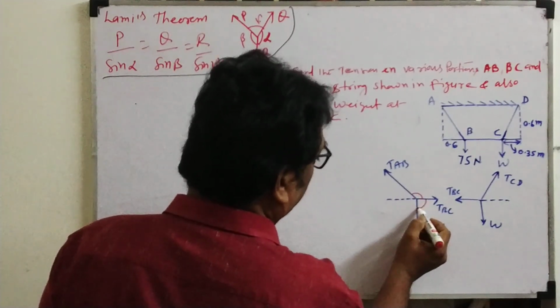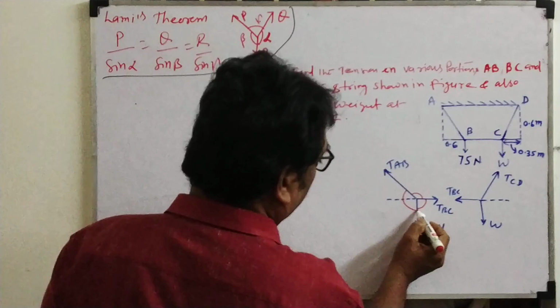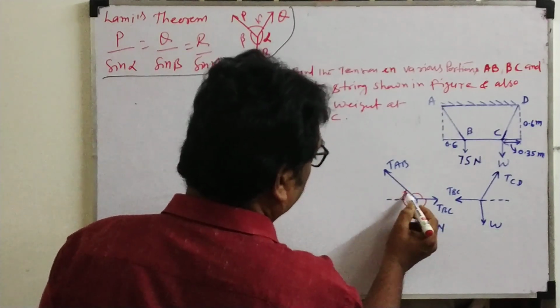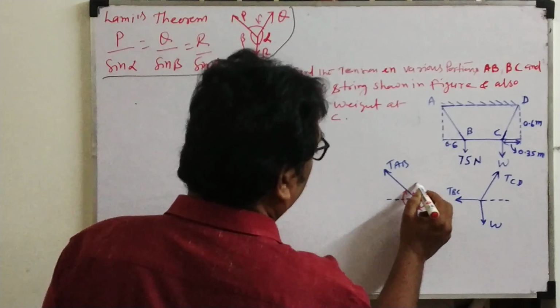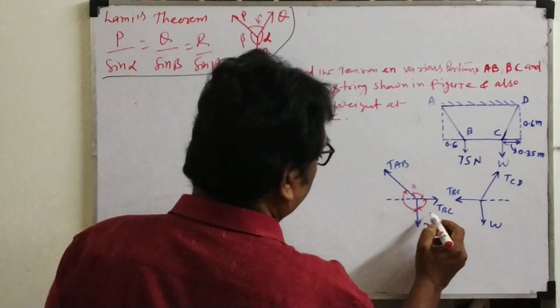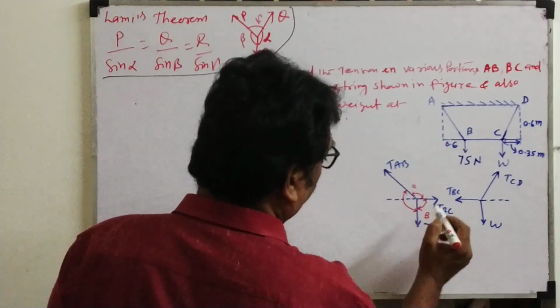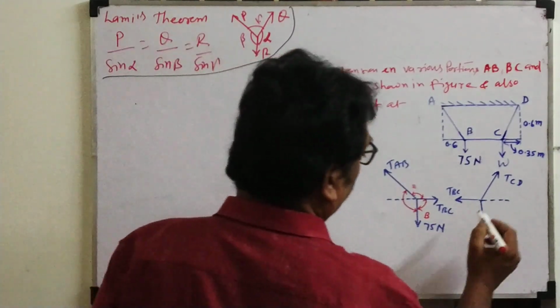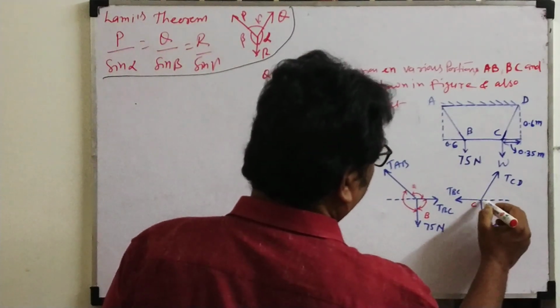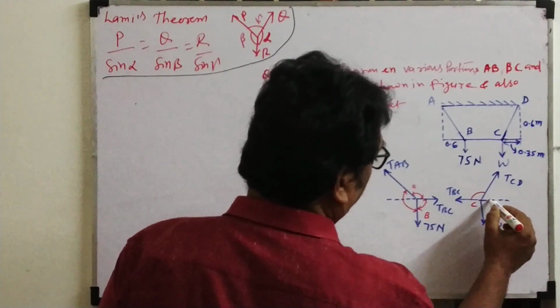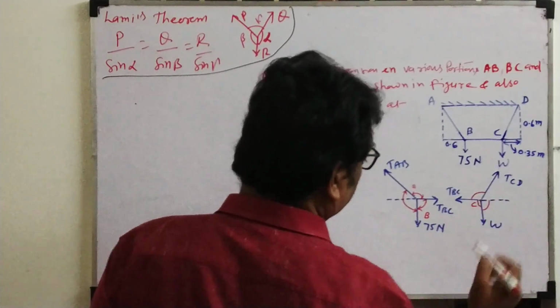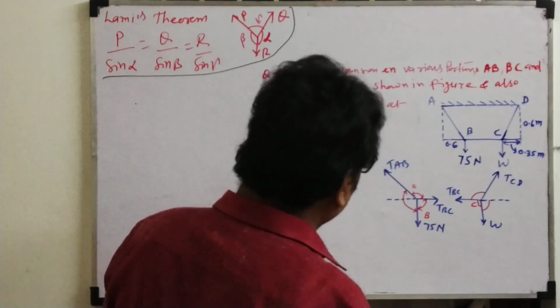We need this angle and this angle. If I know this angle, we apply Lami's theorem at the particular junction, point B. Write B somewhere here. Junction point B. This is junction point C. Now look here. If I know this angle, we can calculate.